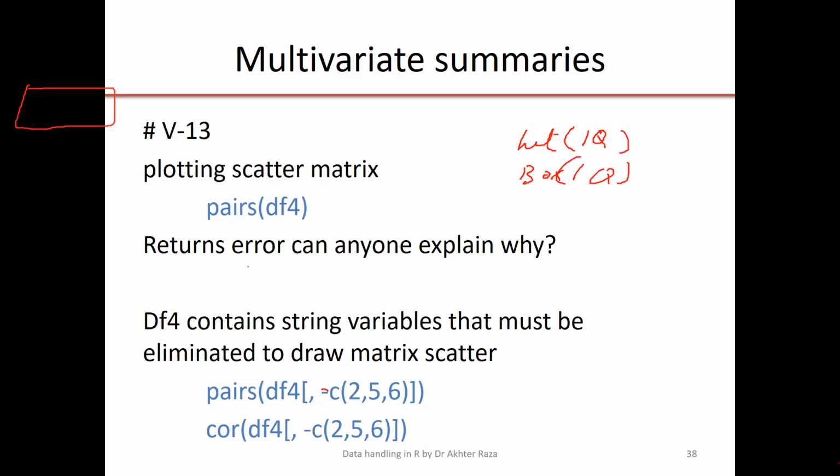So this is the scatter plot between year and price, and this is the scatter plot between year and mileage. So year and price, year and mileage. These are the two scatter plots.